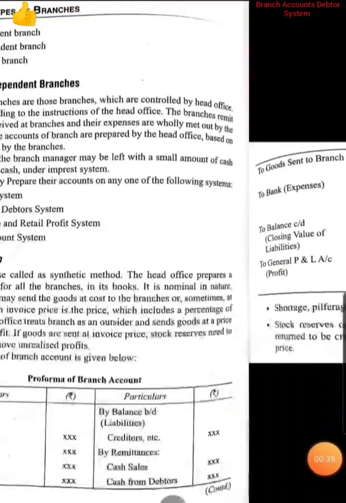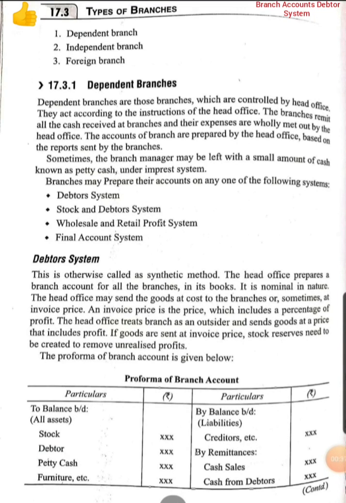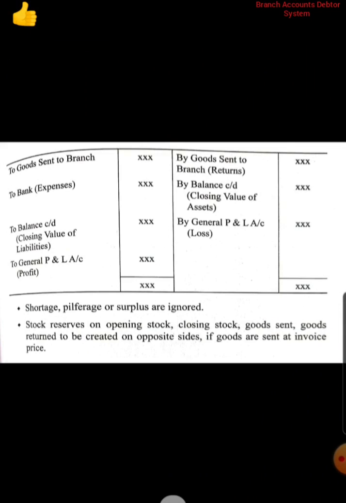You know the format, and I'll remind you that all the assets are recorded on the debit side. Opening balance of assets is recorded on the debit side. Opening balance of liabilities is recorded on the credit side. Closing balance of assets is recorded on the credit side. Closing balance of liabilities is recorded on the debit side. Apart from that, on the debit side we have goods sent to branch, and on the credit side, goods returned to branch.